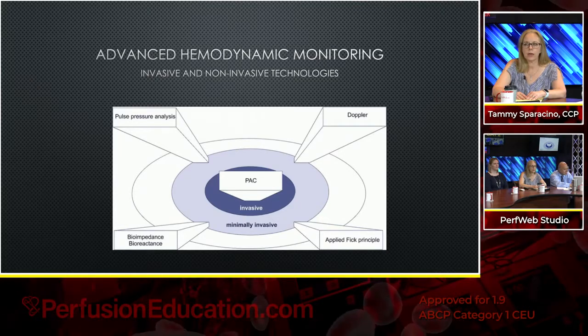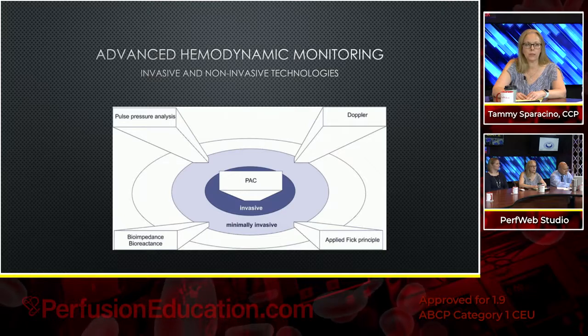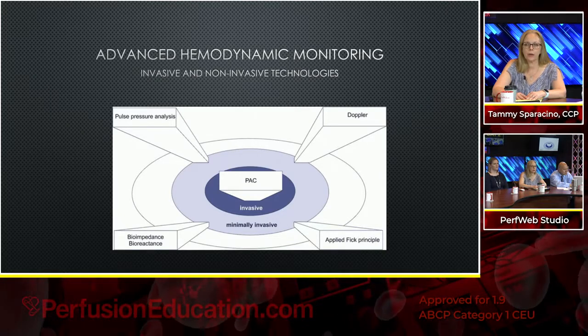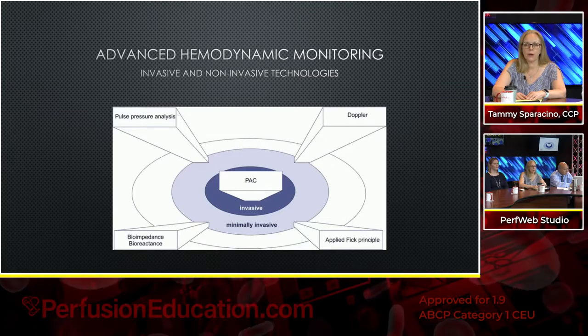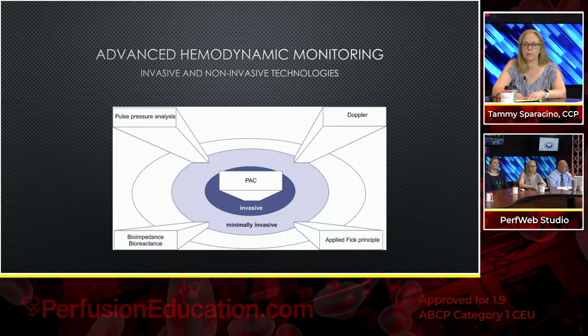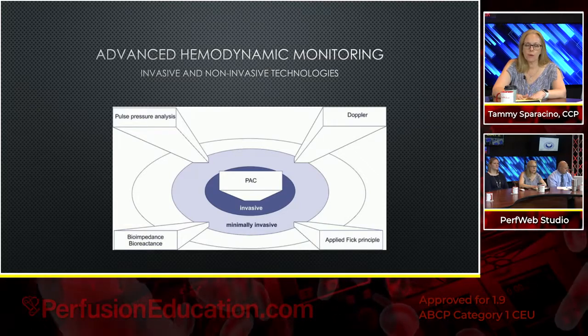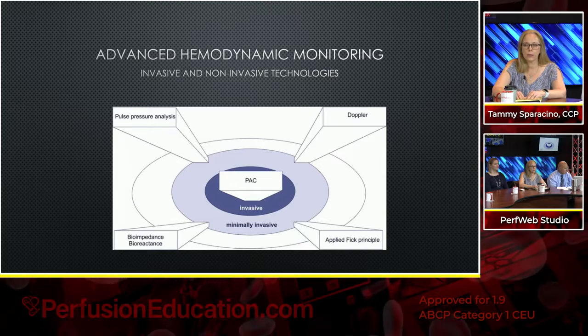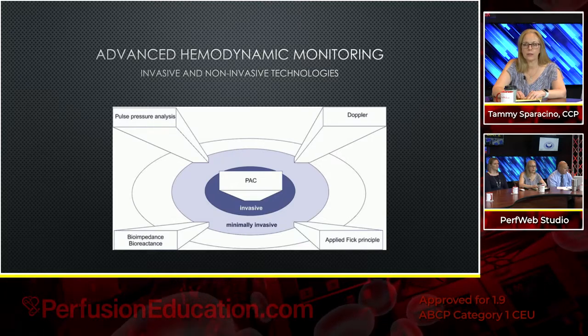You've also got your Doppler, which can be esophageal or transthoracic. You've got your bioimpedance or bioreactance, I guess it is, and then your applied Fick principle. Now, for the ICU setting and the operating room, you're mostly going to see the pulse pressure analysis or the Doppler.